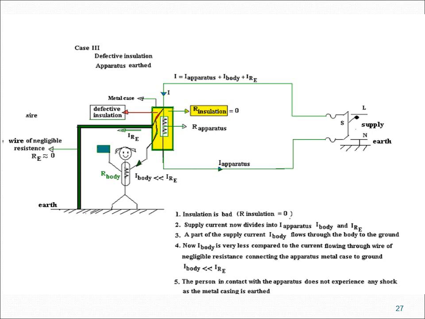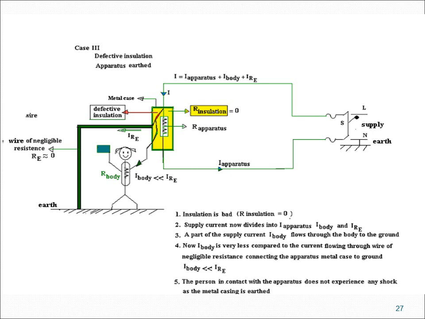If earthing is done in each and every home, what will happen? Each and every apparatus will be earthed. So the leakage current, instead of flowing through the human body, flows towards the ground. The current flowing through the body is very small compared to the current flowing towards the ground, because the ground resistance is always kept very low.